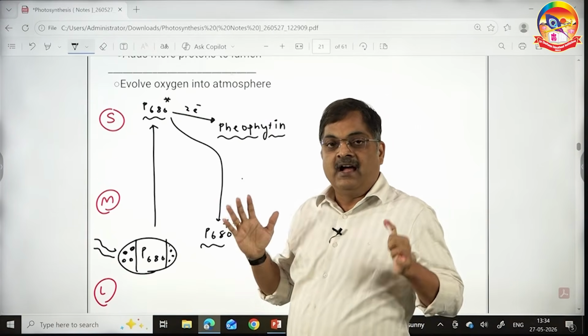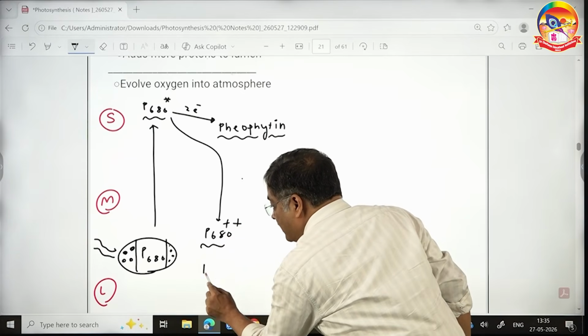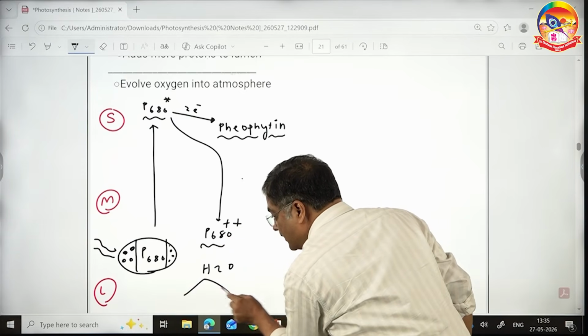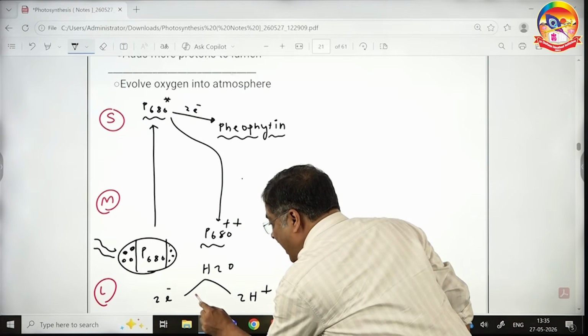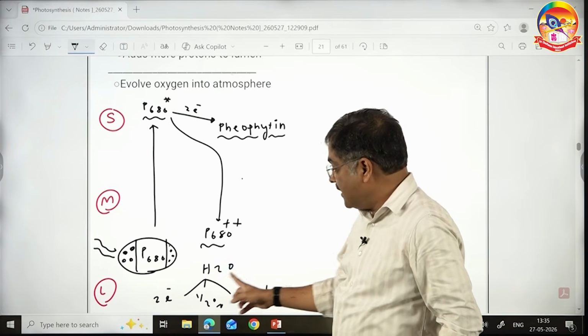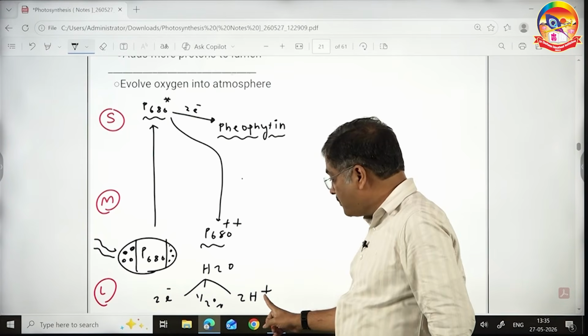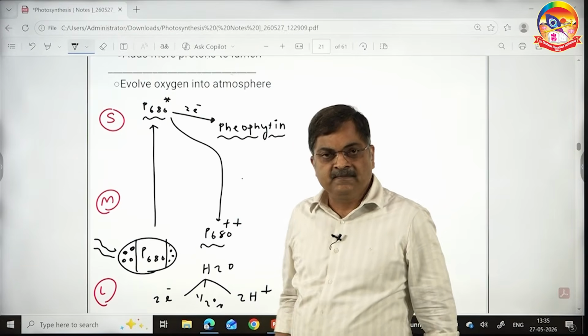Water says, I will help you. So therefore, this is going to help in the breakdown of water into 2 electrons, 2 protons, half O2, provided it is 1 water. If it is 2 water, 4 electrons, 4 protons, and 1 molecule of oxygen. All right? Yes.